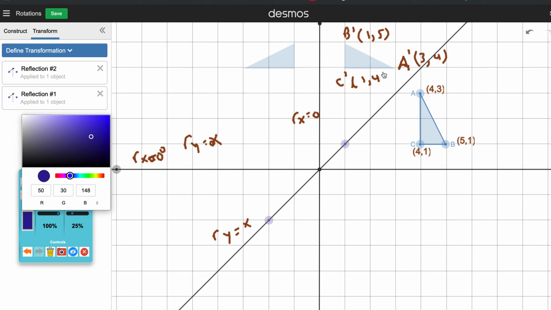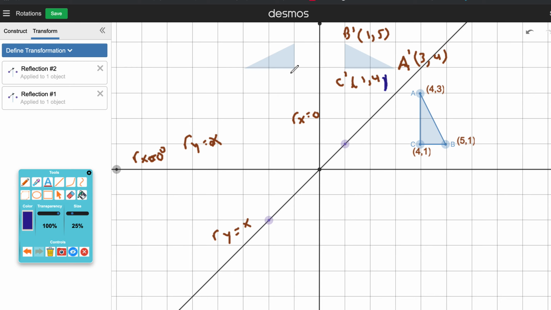And then when we do the composite, let's do that in a different color, we know that this is going to become C double prime right here, and that's going to be at negative 1, 4. B double prime, because it's the second, is going to become negative 1, 5, and then A double prime is going to become negative 3, 4.